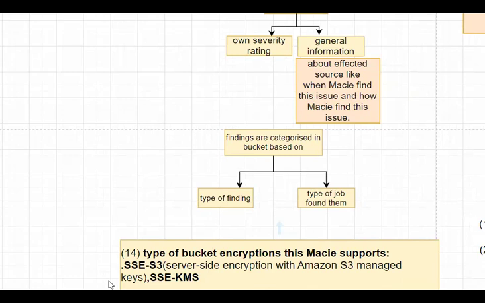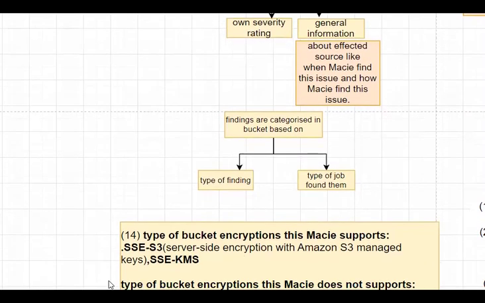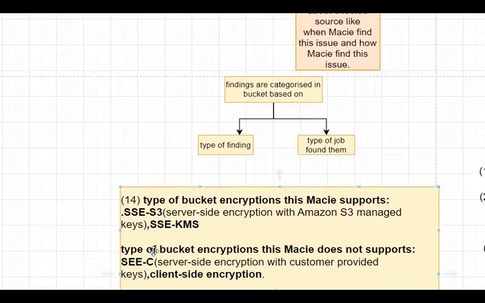Now let us also see the bucket encryptions that Macie does not support. The bucket encryption options Macie does not support are SSE-C, that is server-side encryption with customer-provided keys, and client-side encryption.